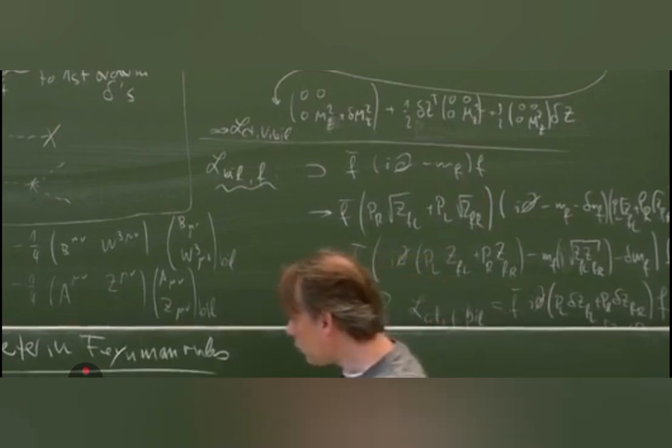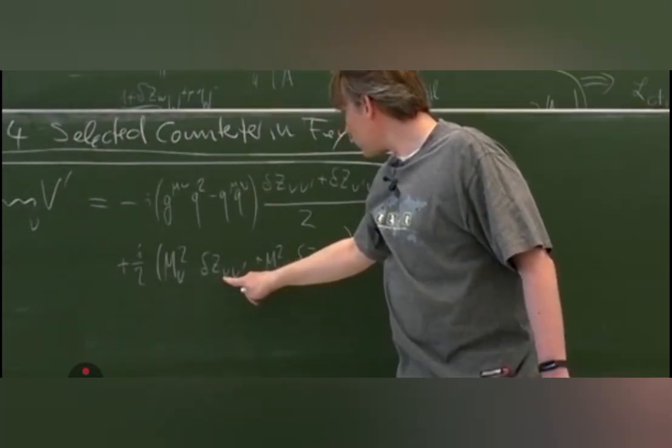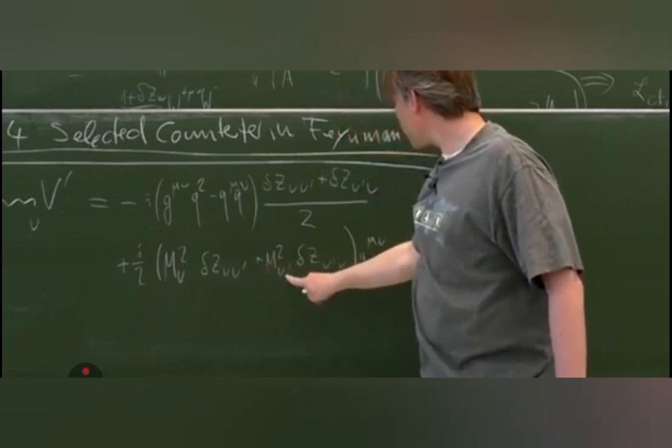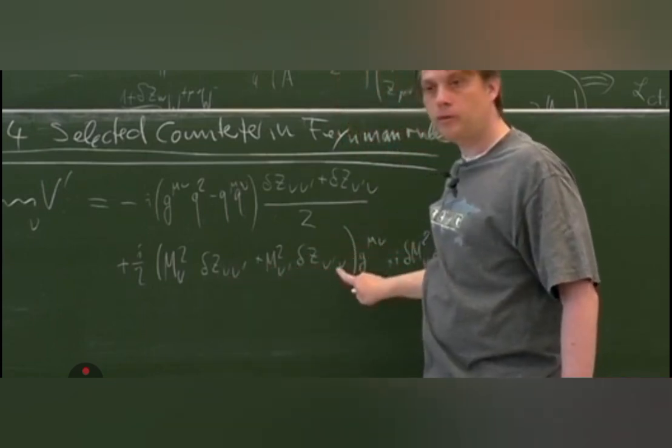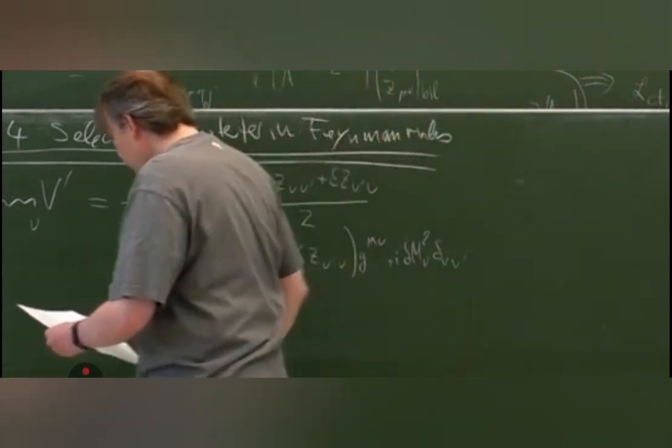So therefore here you get M_Z squared times delta Z_ZA, and here you get M_Z squared times delta Z_ZA, which is actually the same. Okay, so it works in all cases.